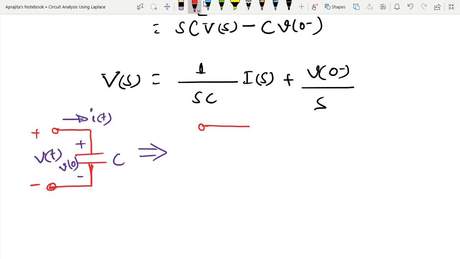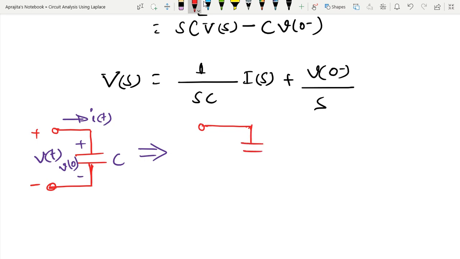So now I am going to use the first equation, and here you can see that I have voltage multiplied by current, so I am going to write something like this.